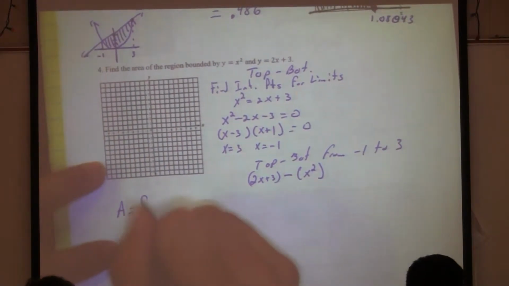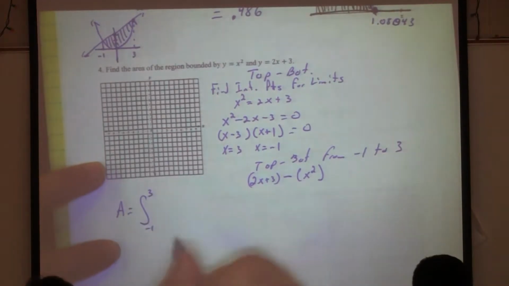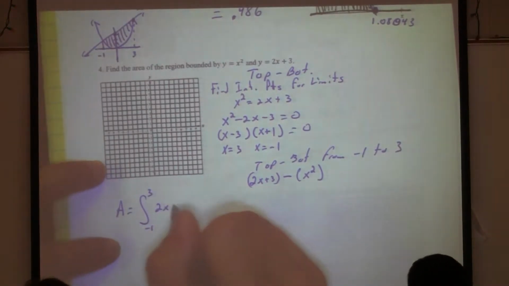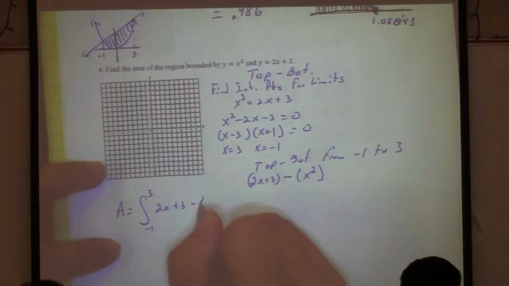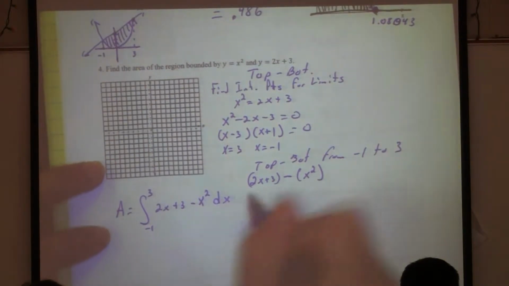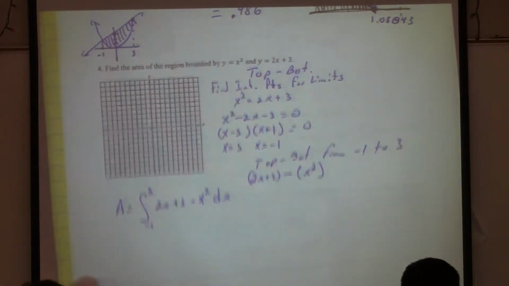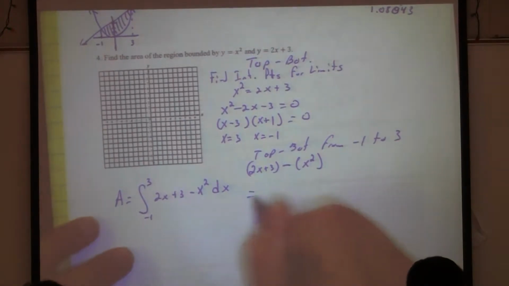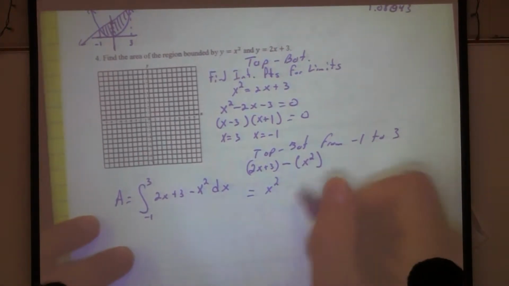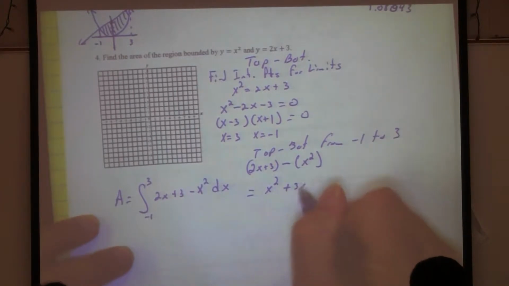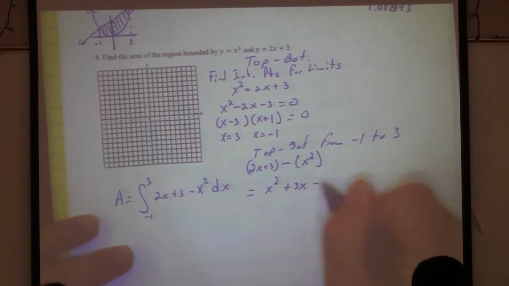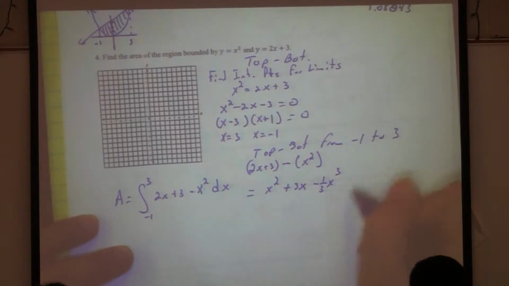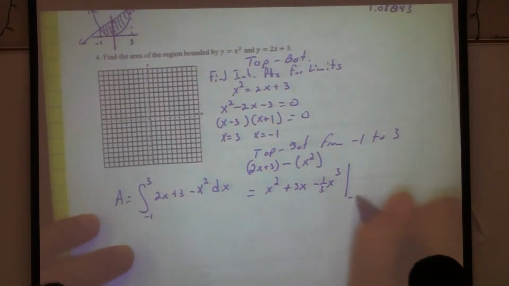So here we're going to have the integral from negative 1 to 3. And it's just going to end up being 2x plus 3 minus x squared with respect to x. So let's do it. What's the antiderivative going to be? X squared plus 3x minus 1/3 x cubed evaluated from negative 1 to 3.